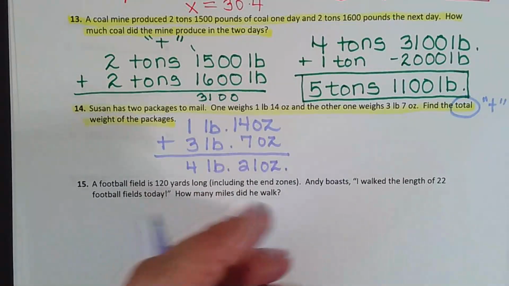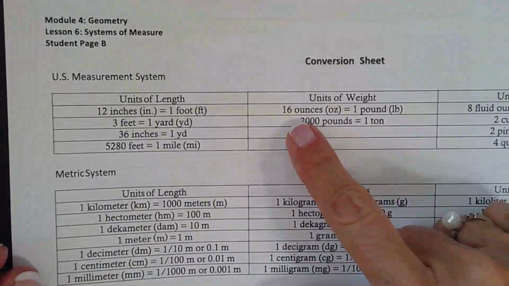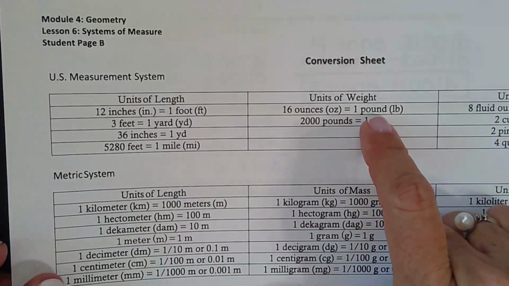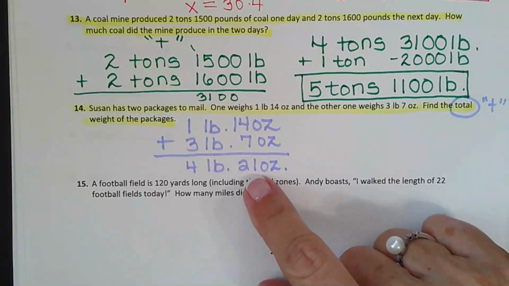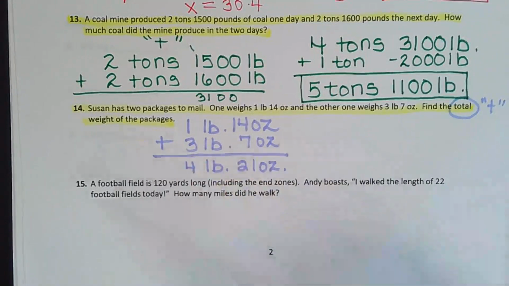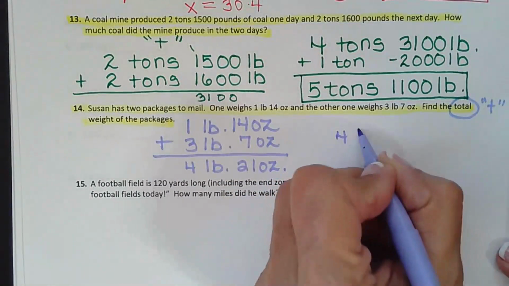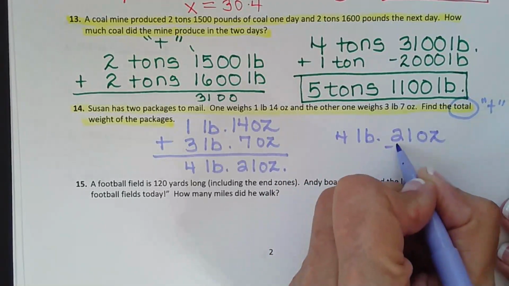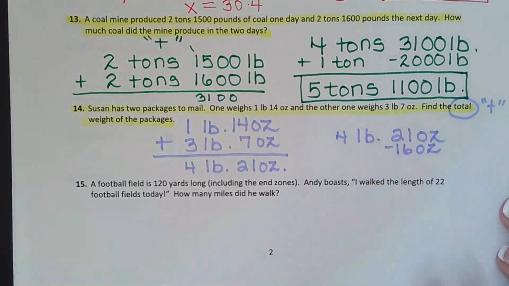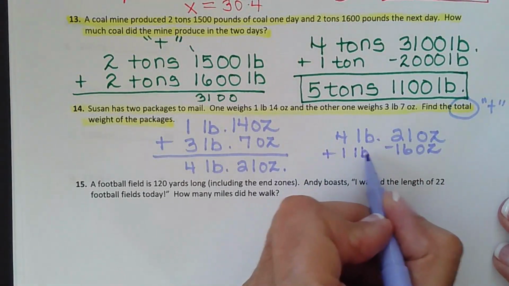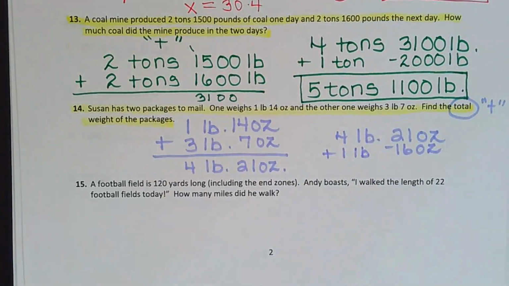Let's go to our weight. 16 ounces equal a pound. So I can't have over 16 ounces. So I need to take a pound away from this and add a pound to that. So let me bring it over here so it's easier to show. So to take a pound away from the ounces, 16 ounces is a pound. So take a pound away, add a pound. And it's just like giving $1 away and getting 4/4 back.